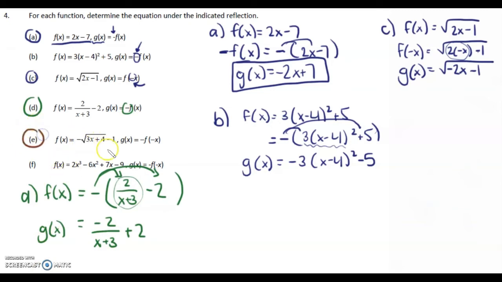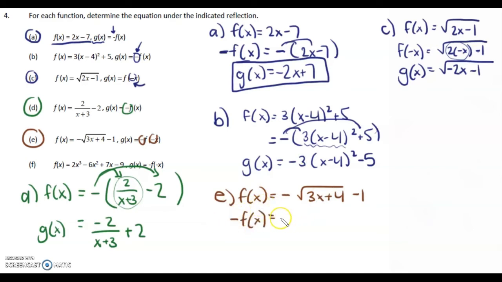Okay, E, we're going to take this function and reflect it in both the x and the y-axis. So when we have f(x) = -√(3x + 4) - 1, I'm going to do this in 2 steps. First, I'm going to reflect the actual function, the entire thing, -√(3x + 4) - 1.